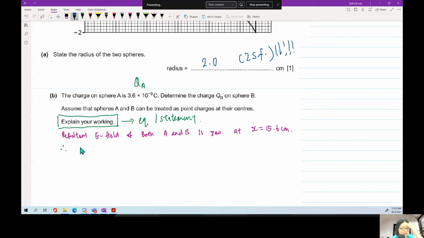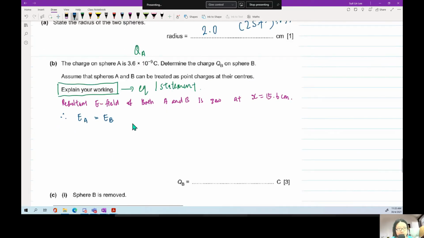Hence, the magnitude of EA will be equal to the magnitude of EB at x equal to 15.6 cm.